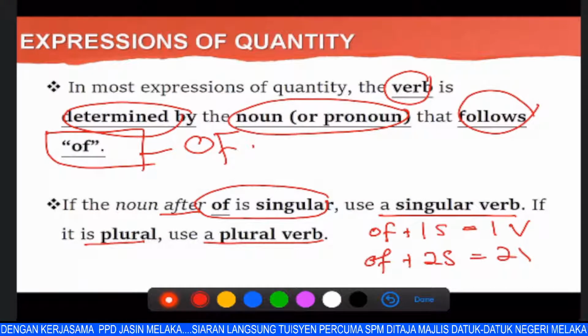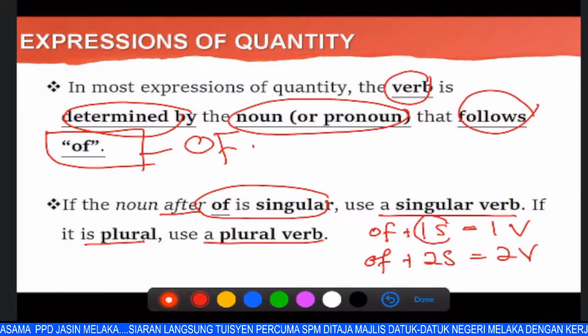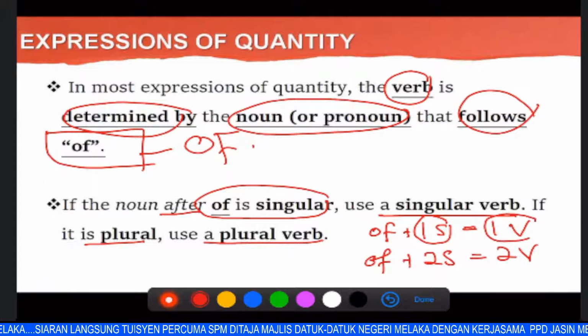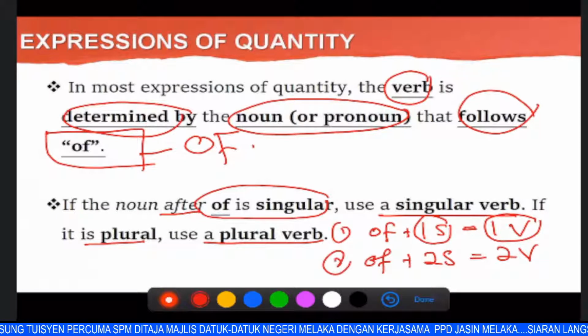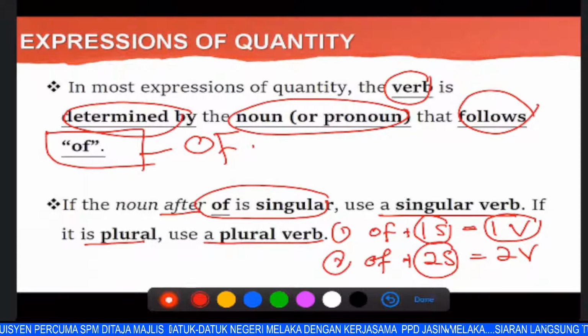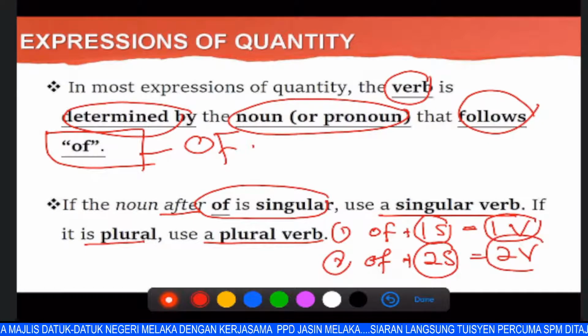Of plus singular subject, 1S means one subject, so equals 1V, which means singular verb. Formula number 2, of plus 2S. 2S indicates plural, two subjects or more, so it equals 2V, which indicates a plural verb.